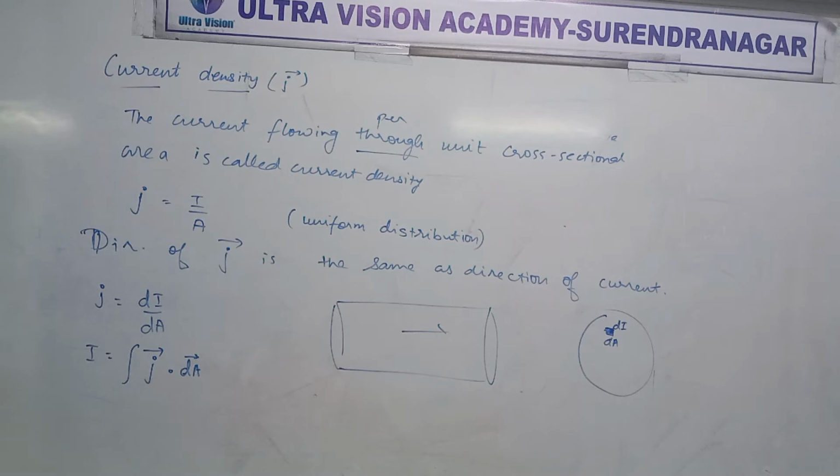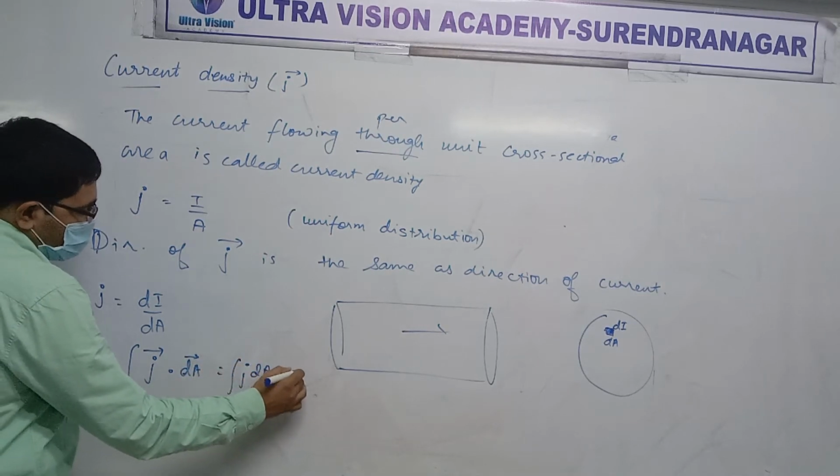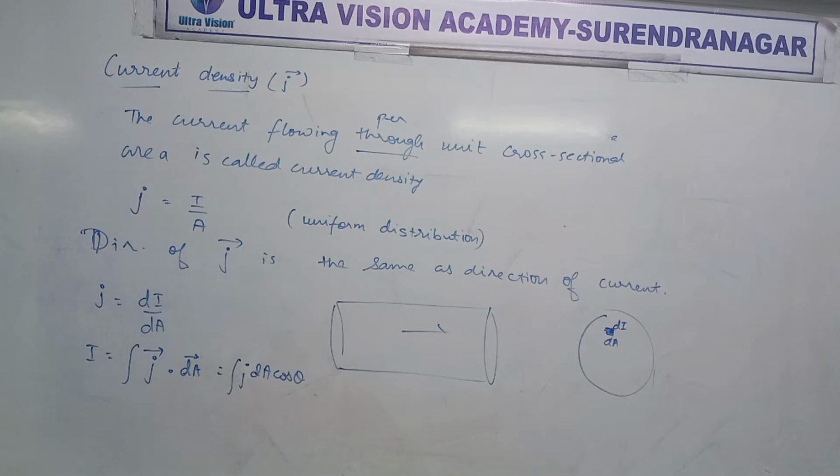Then if the angle between J and dA is theta, that will be J dA cos theta. You do not use it very often, but sometimes yes. This is the basic version. This is the detailed one. Fine.